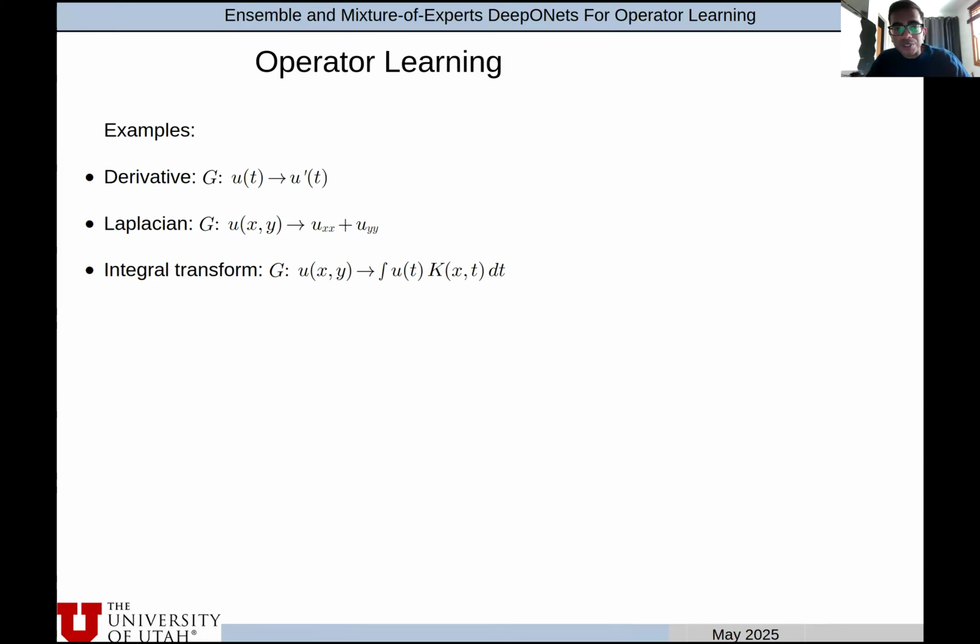This is especially useful when approximating solution operators of partial differential equations. Once a neural operator has learned and approximated that operator, one does not need to run numerical solvers on new functions anymore. You can just do inference with the learned operator.